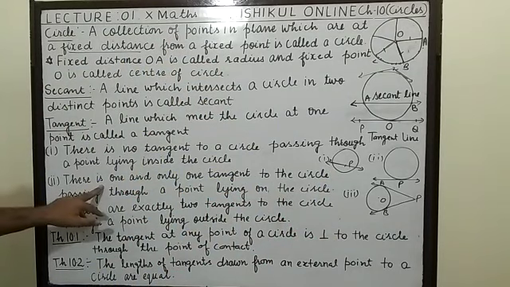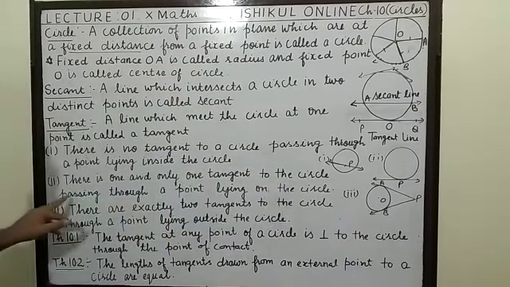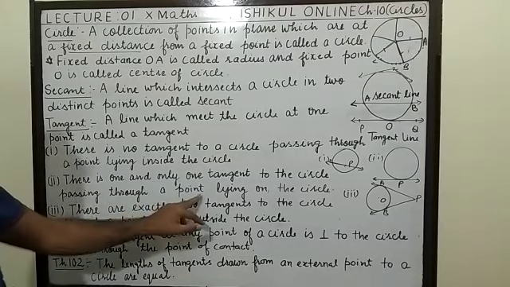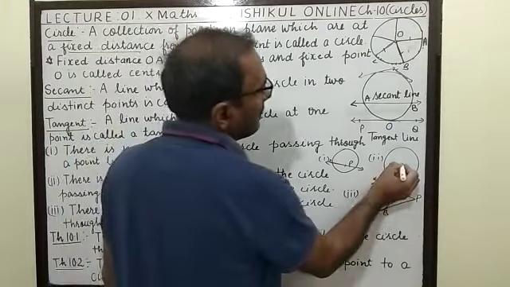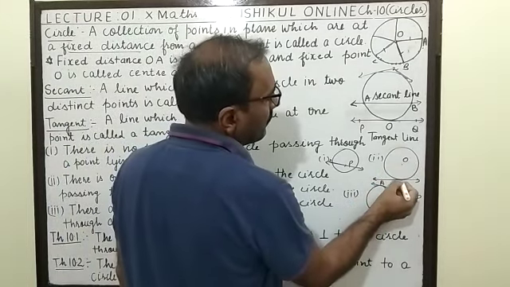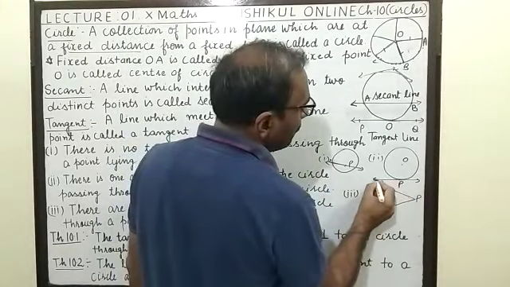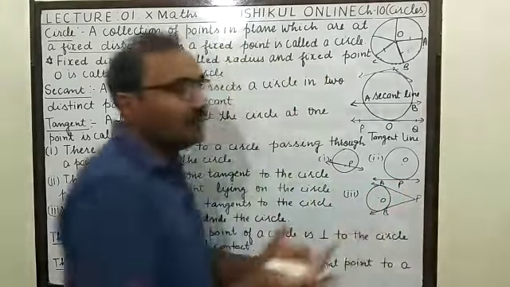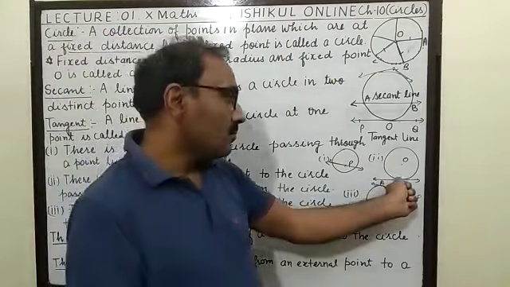Second point: there is one and only one tangent to the circle passing through a point lying on the circle. If P is a point on the circle, how many tangents can you draw? Only one tangent you can draw from that point.